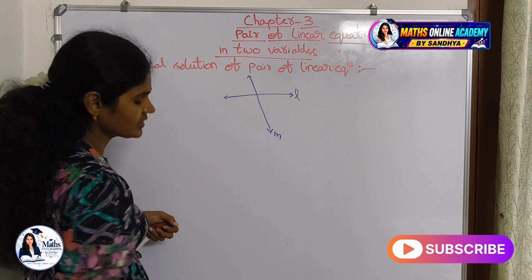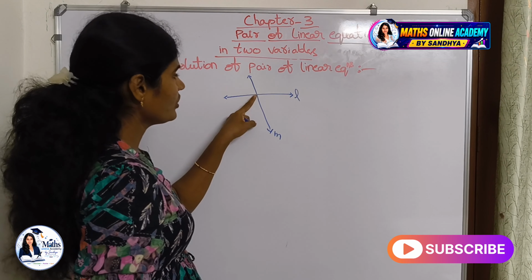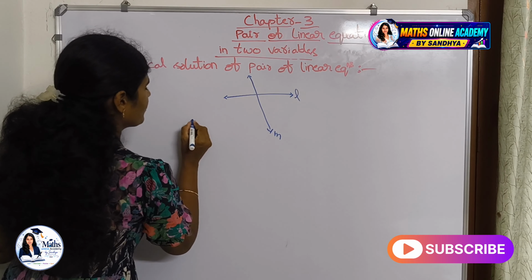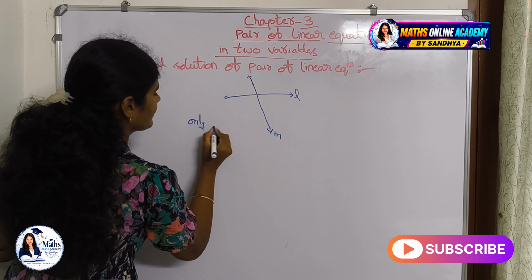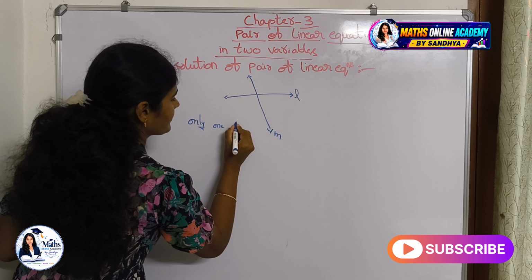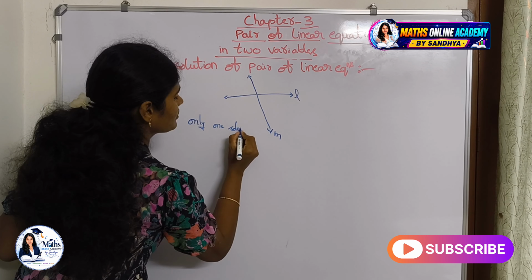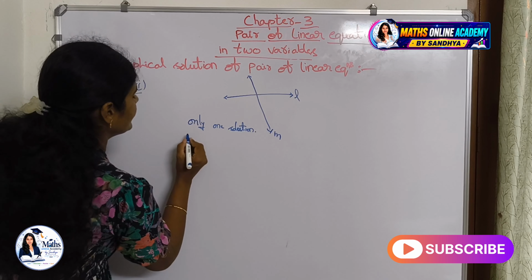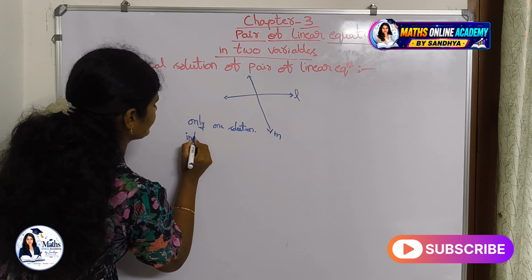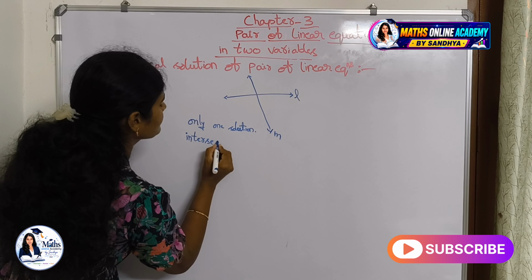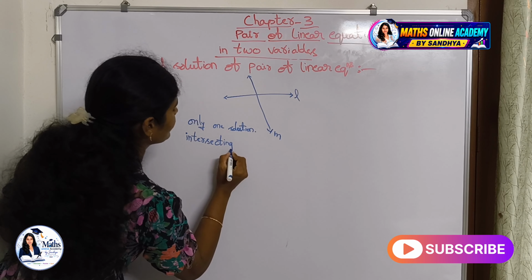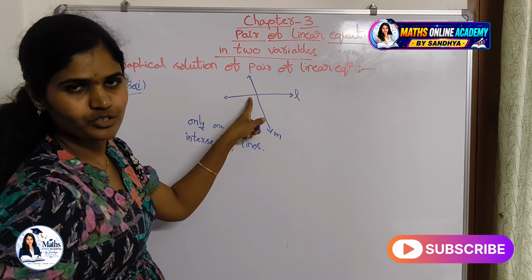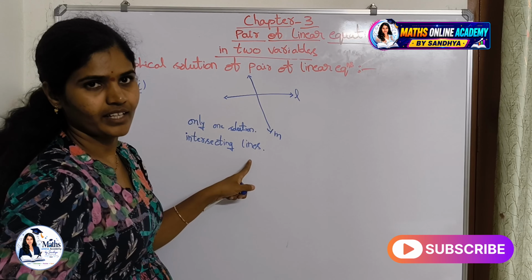They intersect. Intersect means how many solutions? Only one solution, intersecting at only one common point. Means only one solution. Intersecting lines. Okay. Only one solution and intersecting lines.